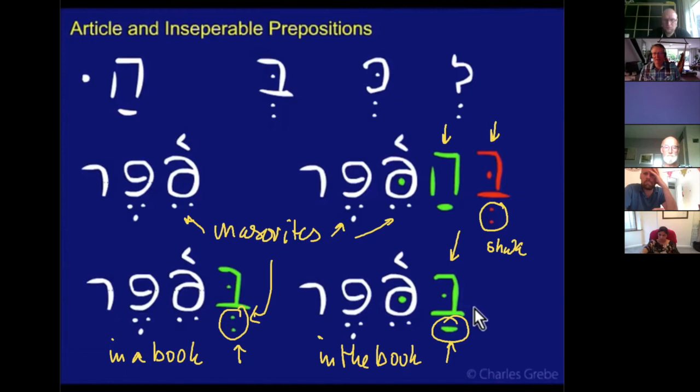And the same we had last time with the mapik, the hay with the dot in it. When the dot is not there, it could be king, but if the dot is there, it is her king. It changes. So that's why it is important to read very carefully when you read your text. That's what I wanted to say about this.